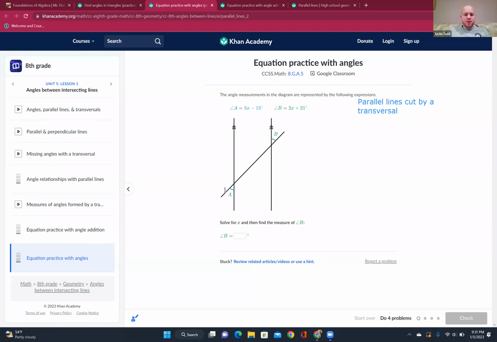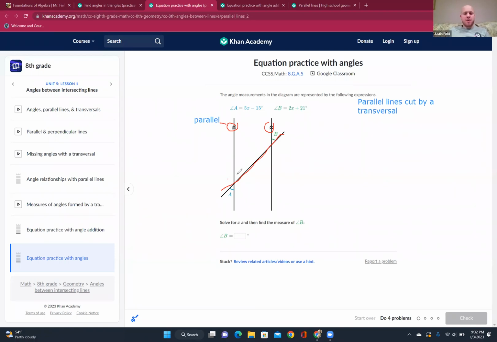But this is the transversal here, cutting across the two parallel lines. And these are the symbol for parallel. So that's what that means. Okay, so we have our two parallel lines, and then we have A and B, our angles formed within the transversal and the parallels, right?